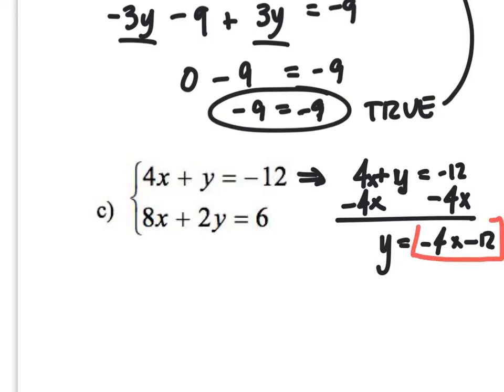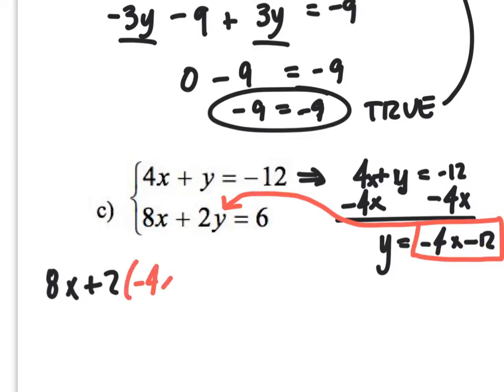So once I solve for y, what I can do is take the value of what y is equal to and substitute it into my other equation for y. So I'm going to rewrite this as 8x plus 2 times y. Well, y is equal to negative 4x minus 12. So I'm going to rewrite that as negative 4x minus 12. And then that's all equal to 6.